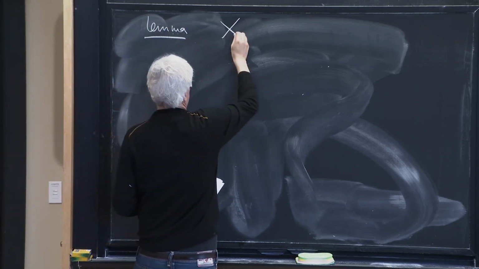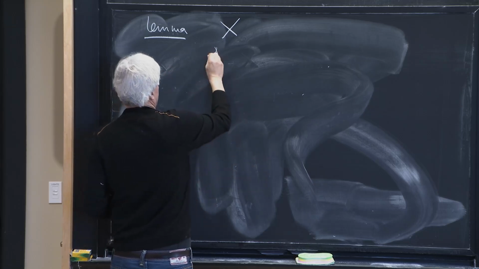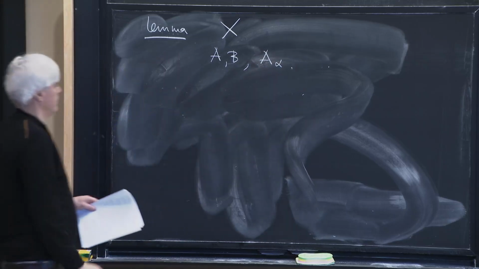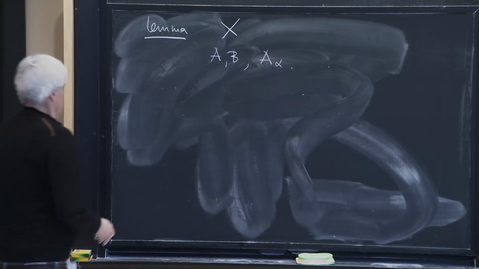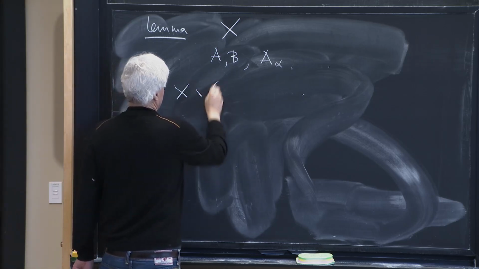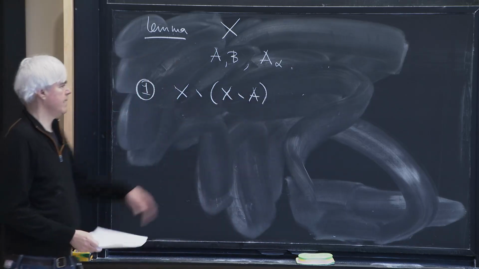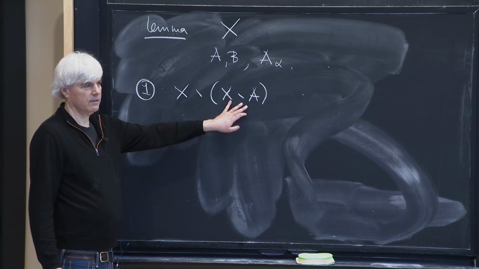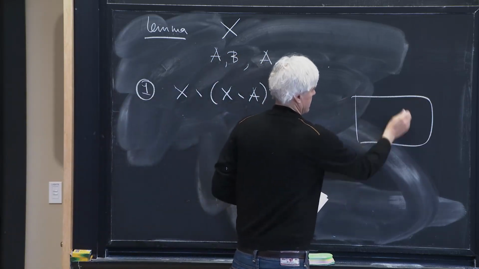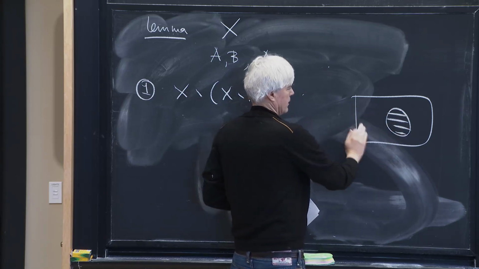So you have a set X, and then you have subsets, let's call them A, B, and then a family of subsets. The first one is that if you take the complement of the complement, so if you take A and you take everything that is not in A, just think about it: here you have X, here you have A. Everything that is not in A is over here.